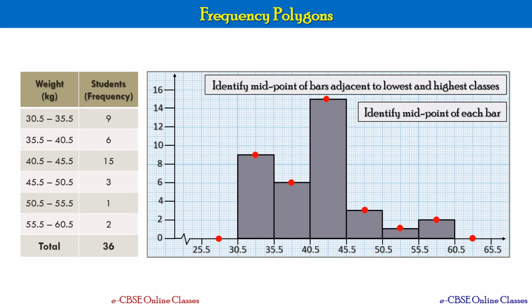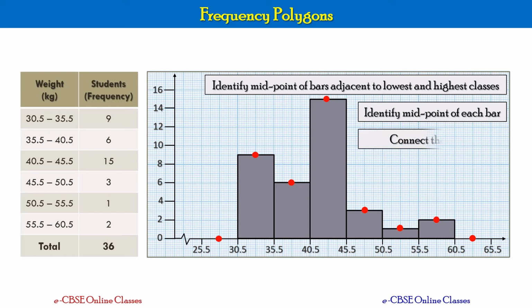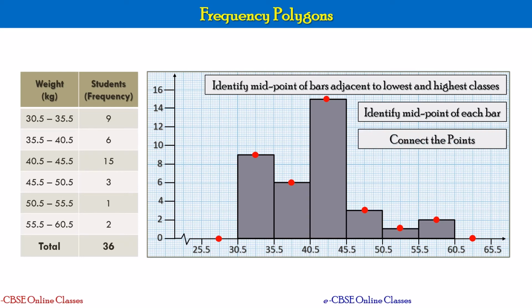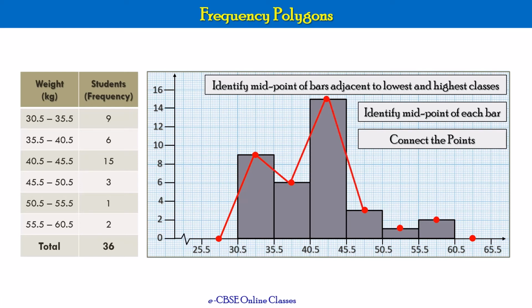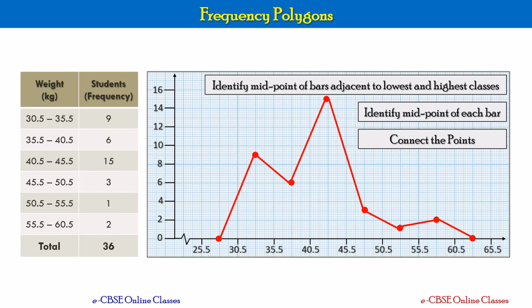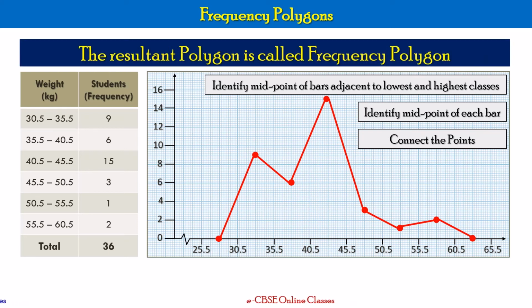Okay. Now you have the dots. All you need to do is connect the points to construct a polygon. 1, 2, 3, 4, 5, 6, 7. Okay. When you remove the rectangular bars from that, whatever you are left with is called a frequency polygon. So the resultant polygon is called a frequency polygon.